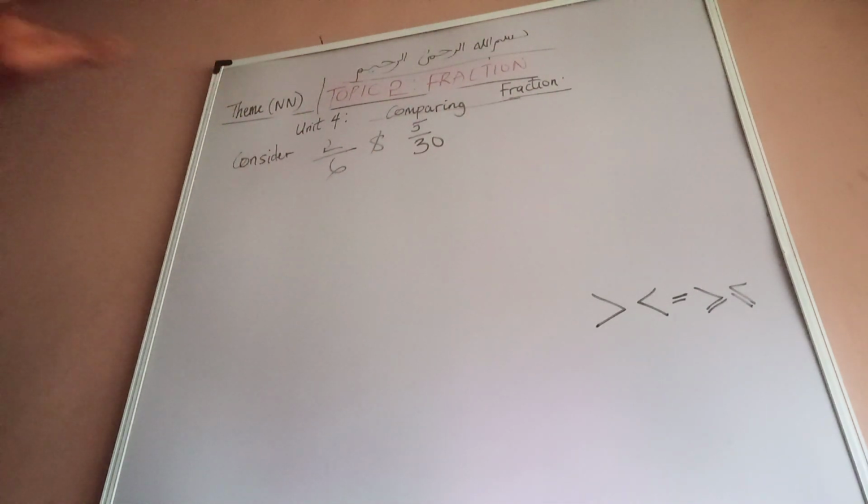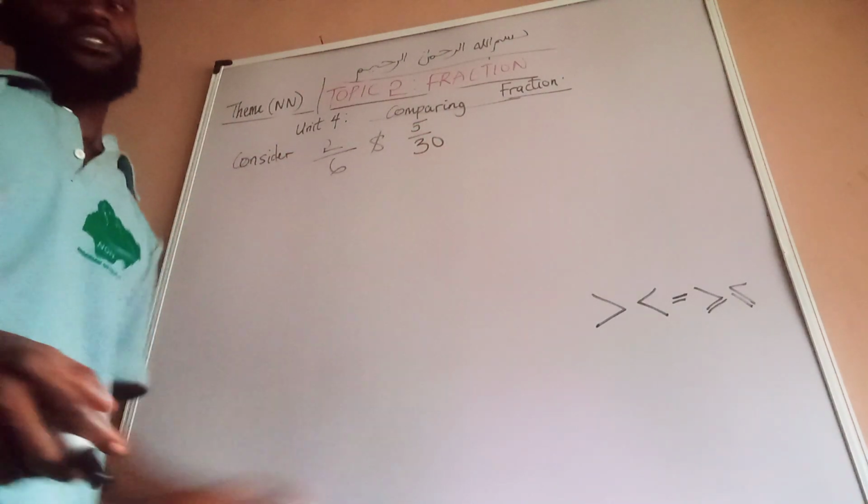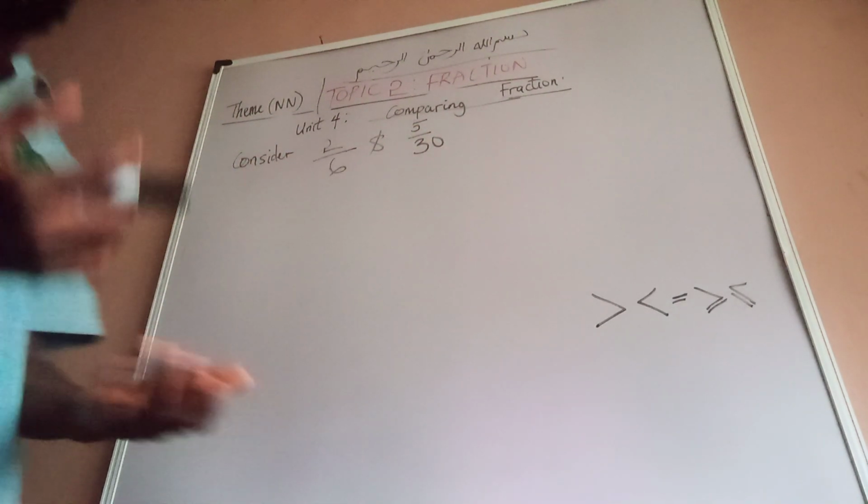Now look at it. We are considering two fractions again. This is 2 over 6 and this one is 5 over 30. Which one is bigger? Which one is bigger?